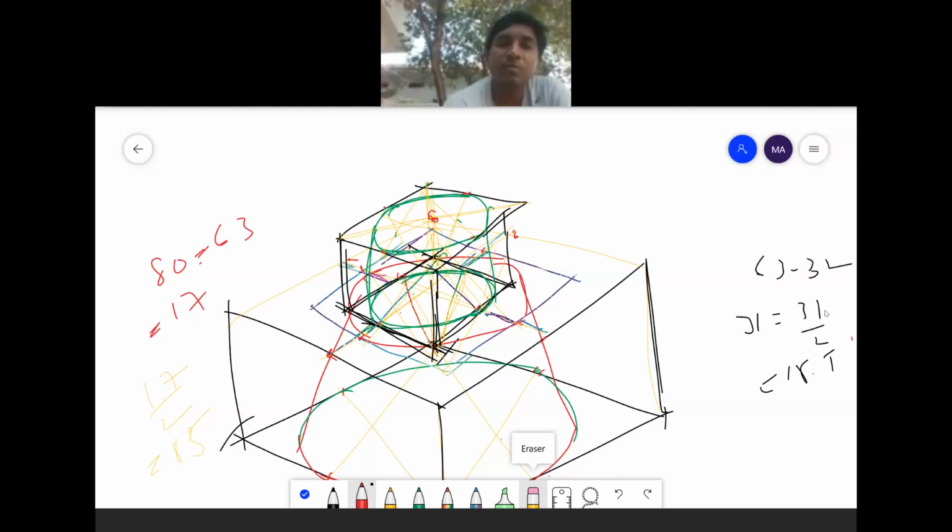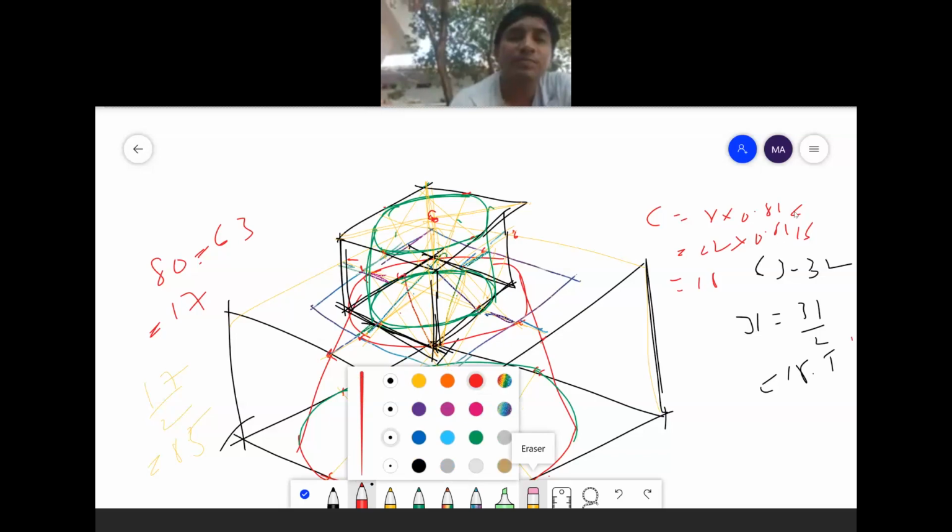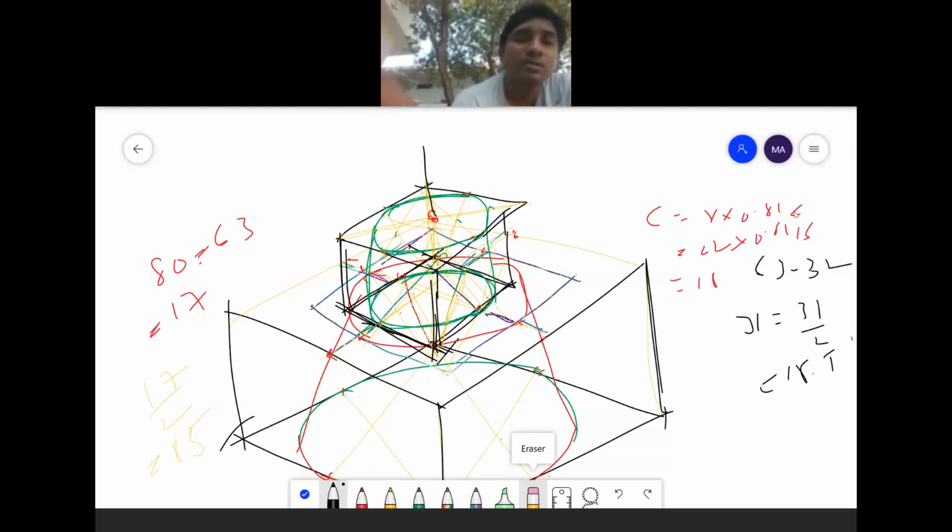I will get one midpoint. Okay, from that midpoint I have calculated the center: r into 0.816, that is 22 into 0.816, that is 18 mm I am getting. From this red point I am marking the center C, that is 18 mm.